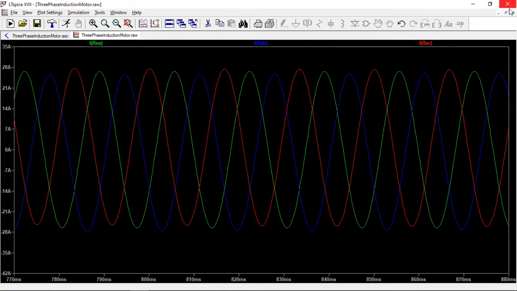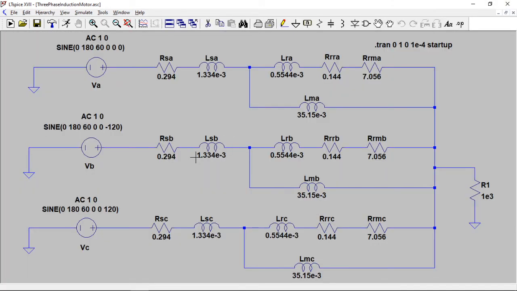Okay, so let's go back, and what do we want to do? Let's change these back to 0. So this corresponds to a locked rotor. What we were doing before was simulations for like 0.02 slip.